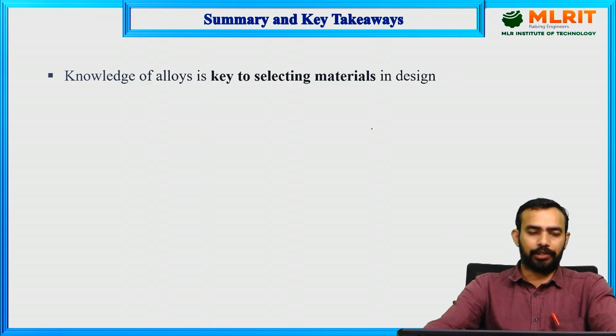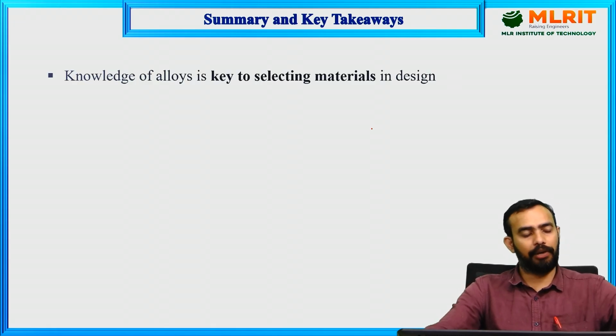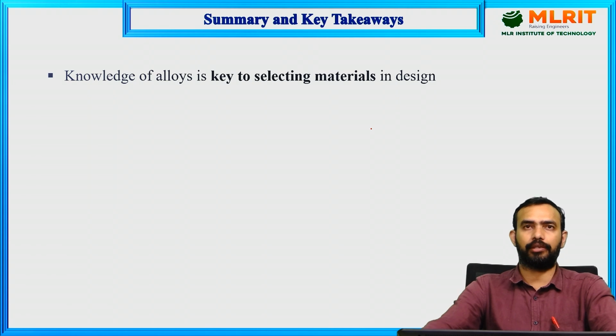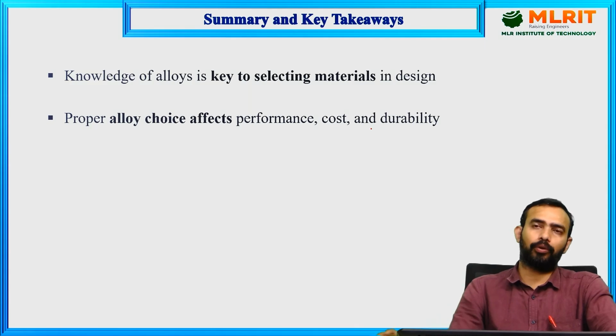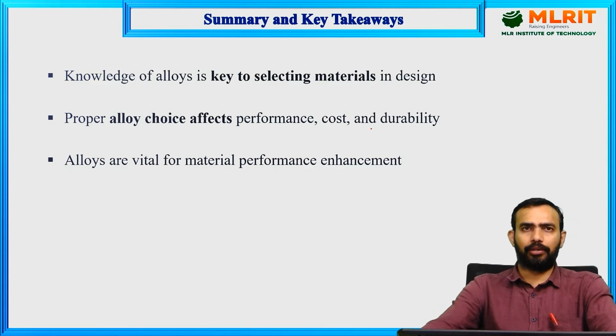So, if we summarize in total, we have emphasized that the knowledge of alloys is key to selecting the right materials in design for engineering applications. The choice of alloy affects the overall performance, cost, and durability of the product. And alloys are vital for material performance enhancement.